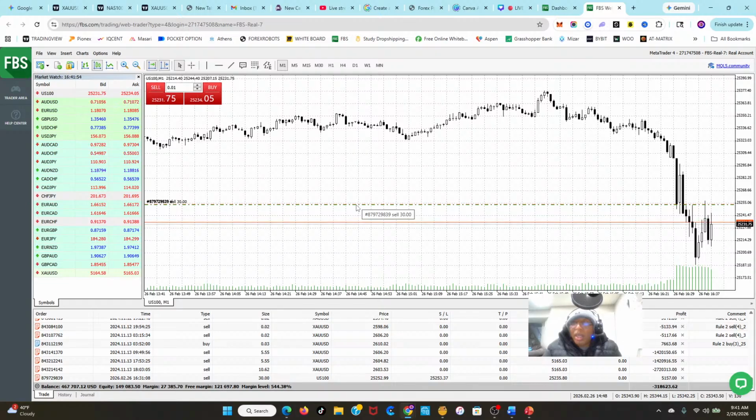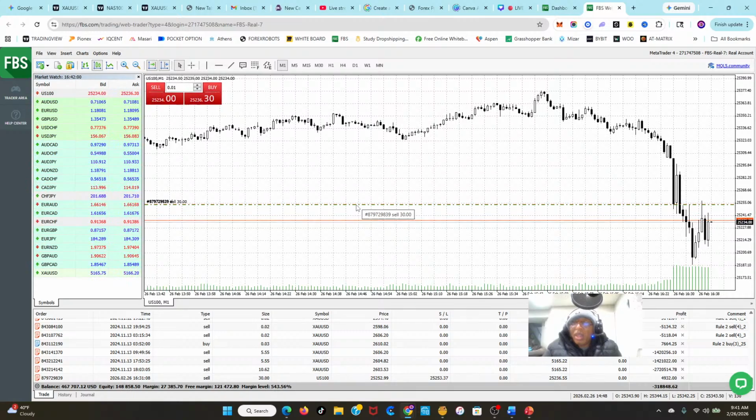Power bar in, another power bar out. But as I said, when you get in right on time, this was the 9:31 candle, this massive one here. Let's see. Okay, this is coming back, so it's going to take us out.